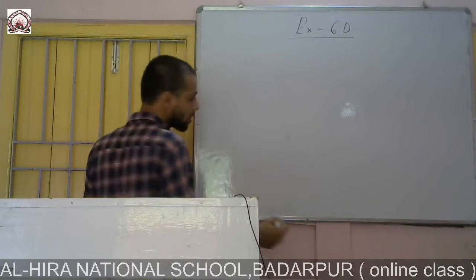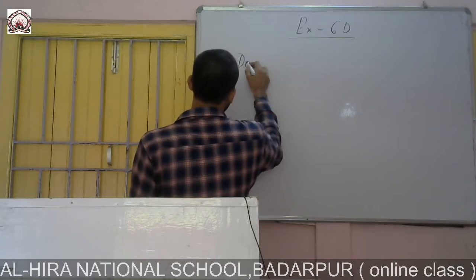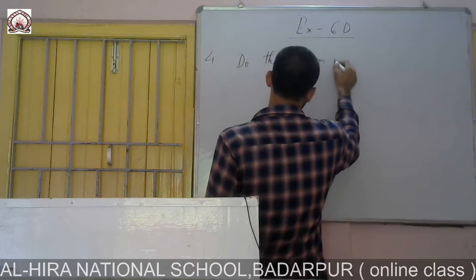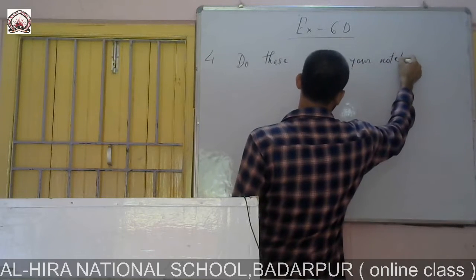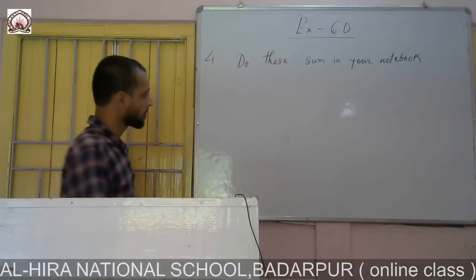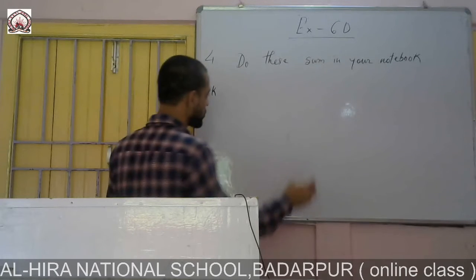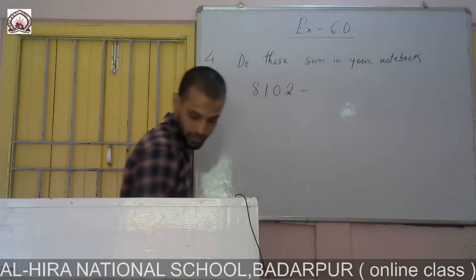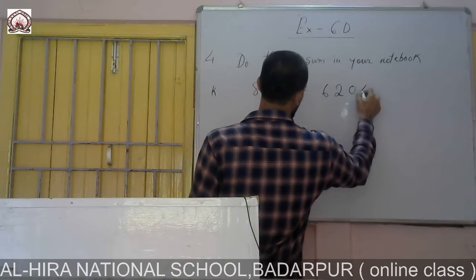Now question number 4. Do this sum in your notebook. Only one question we are going to solve here from 4, that is 8102 minus 6204.